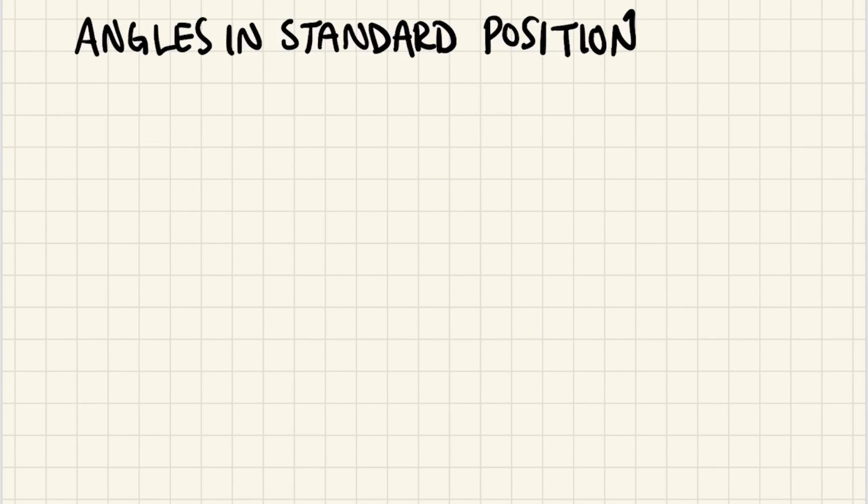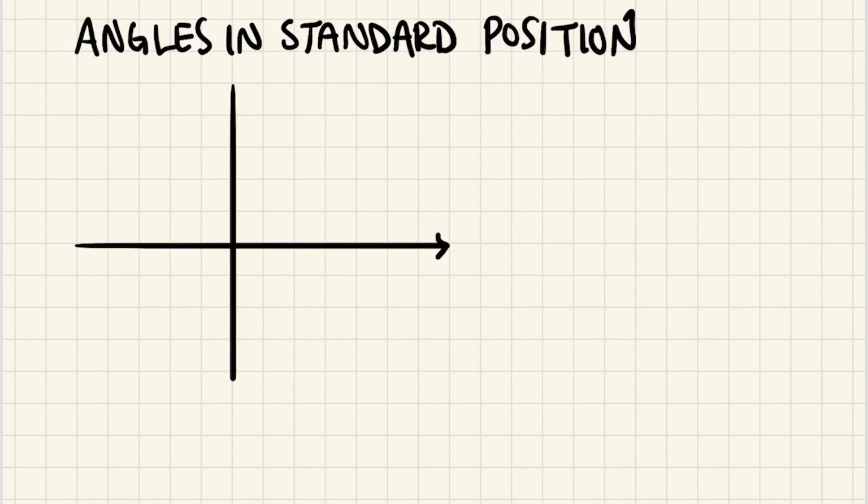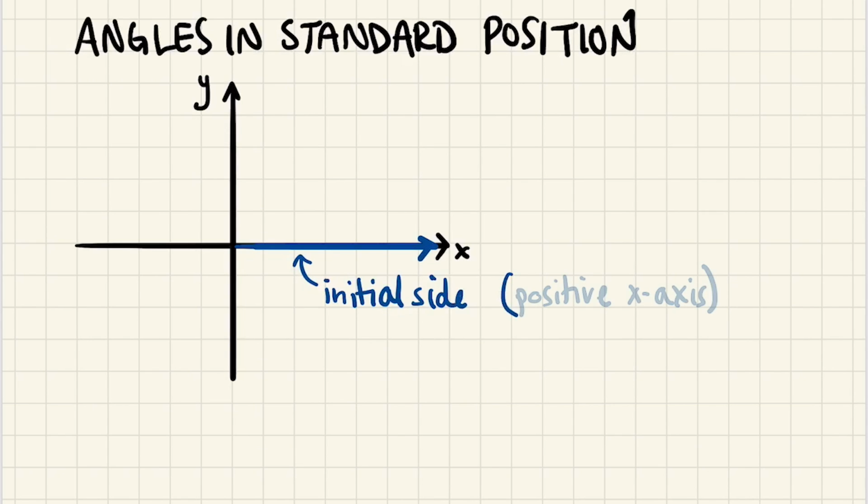Okay, for much of the content in this course, we will be referring to angles in what's called standard position. So that means angles whose vertex is at the origin of the xy coordinate plane and whose initial side coincides with the positive direction of the x-axis. Okay, so the positive x-axis corresponds to the initial side of all angles in standard position.